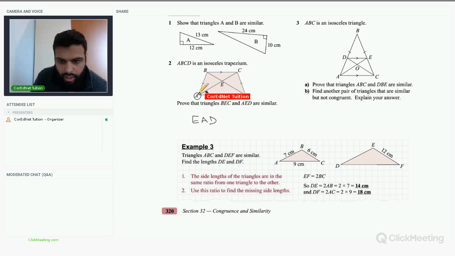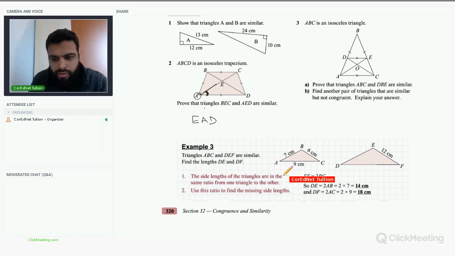So the middle letter A there is in the middle because it makes the angle. So Lena, which angle were you referring to? AED. Okay, so this one here. Yes, those two also will be the same, won't they?